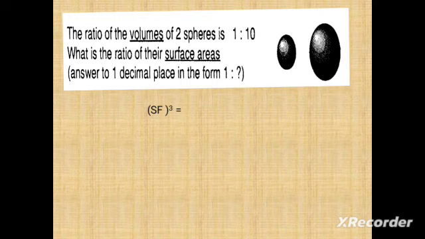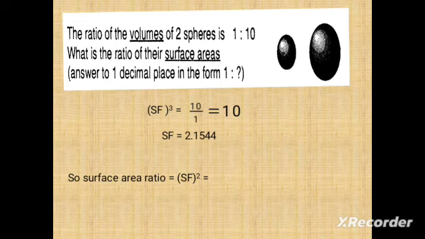So we need to get the linear scale factor from this. The linear scale factor cubed is equal to 10 over 1, or rather is equal to 10. So to get the linear scale factor, we need to cube root 10. The cube root of 10 is 2.1544.